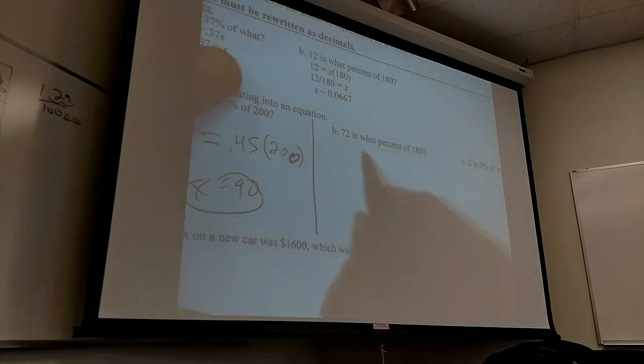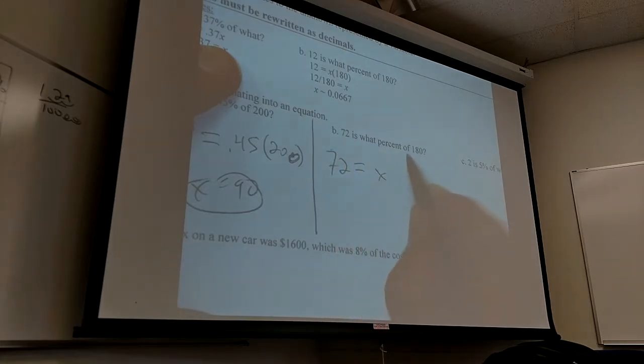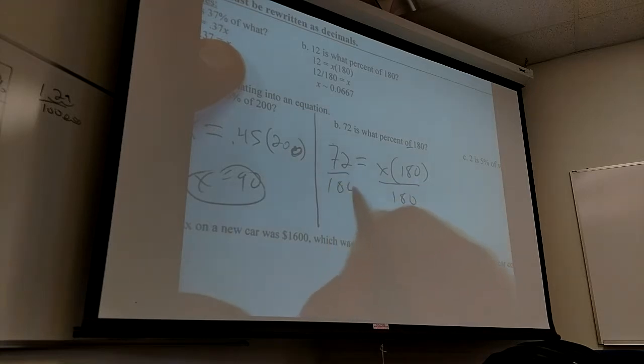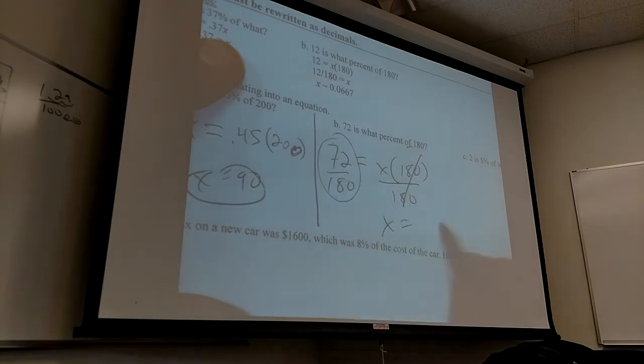So it's, how do I change this into an equation? It'd be 72 equals x times 180. Then you do what? Divide by 180. So you get x is 0.04.